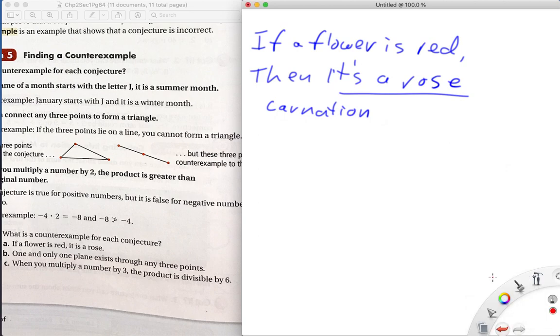One and only one plane exists through any 3 points.